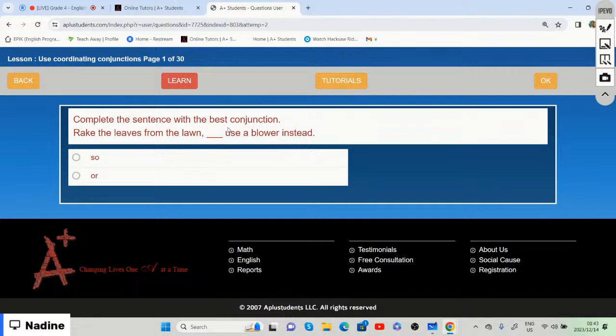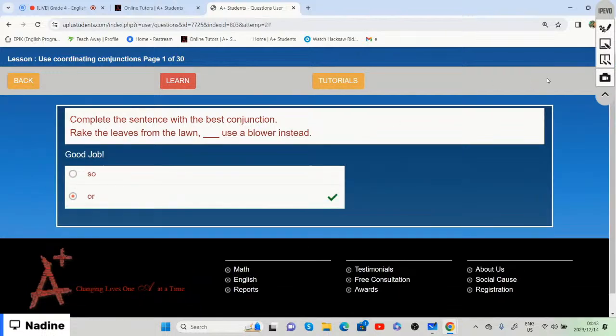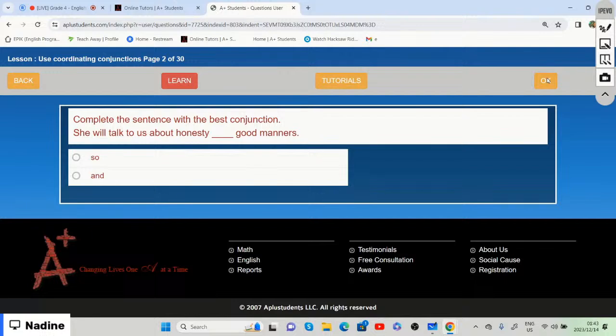All right, so if we use the correct one, then yes, we will say "or use a blower instead". So well done. "Or" is correct. So "or use a blower instead".